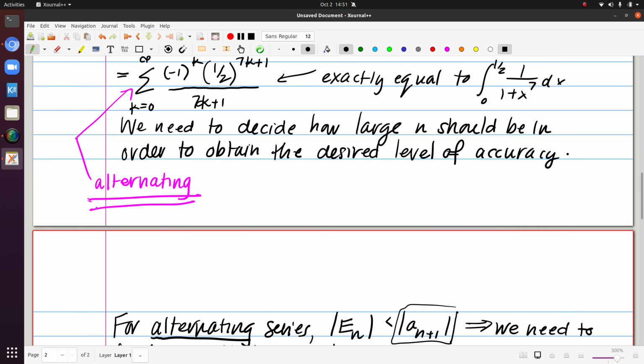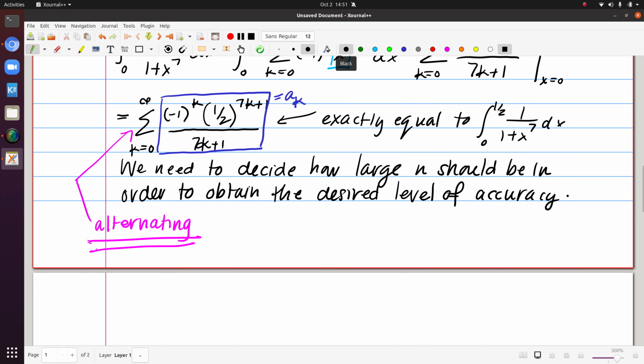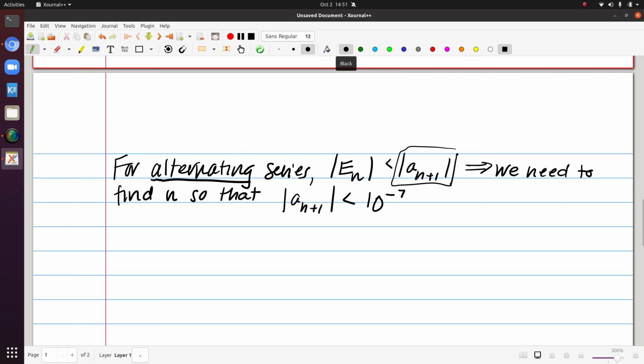And when I'm talking about a sub n plus 1, note that this that I have in the blue box is a sub k. So I'm interpreting that as my general term. We want to consider when the absolute value of that, such that I plug in n plus 1 in place of k, is smaller than 10 to the negative 7th.